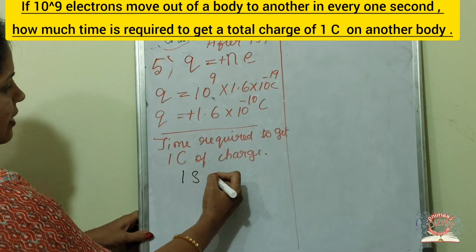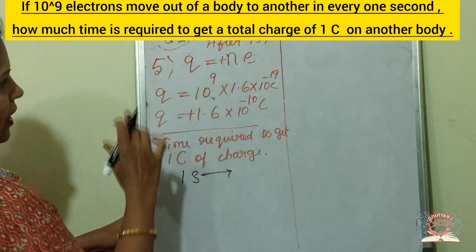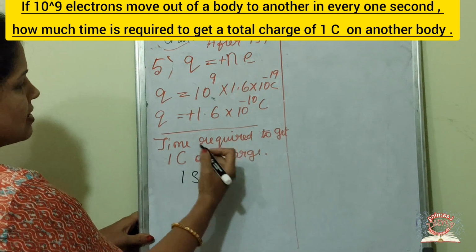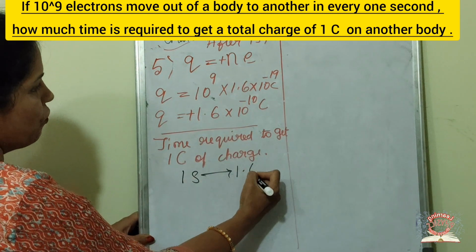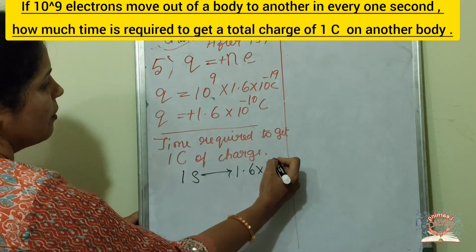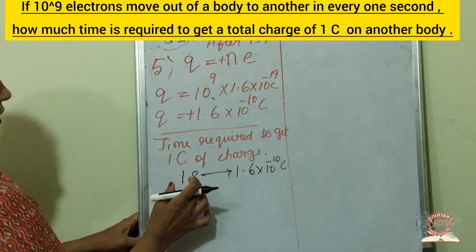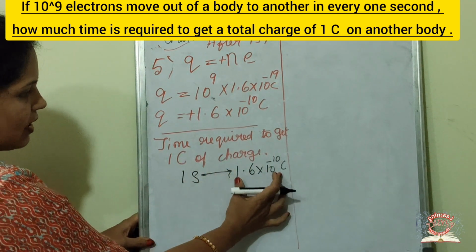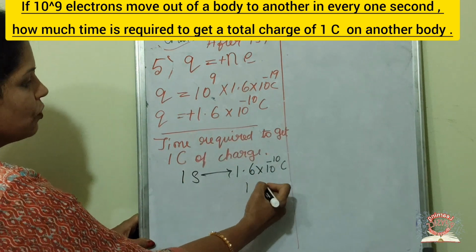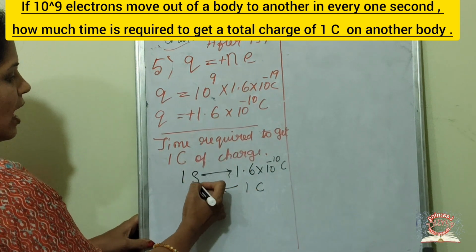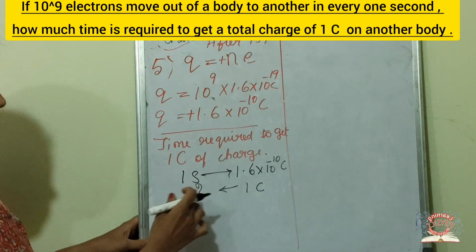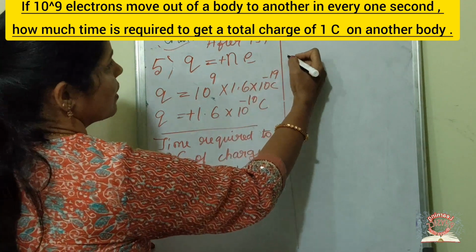In 1 second, the body loses 10^9 electrons, and hence it has a positive charge of 1.6 × 10^-10 coulomb every 1 second. If in every 1 second the charge is this much, to have 1 coulomb of charge, how much time will it take? You need to cross multiply to find the time.